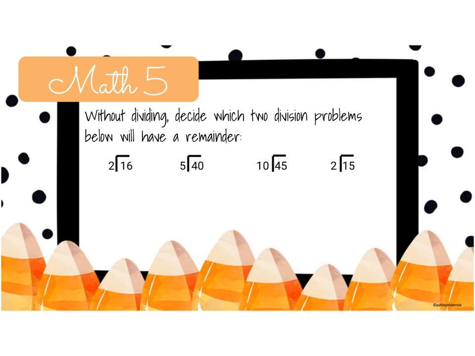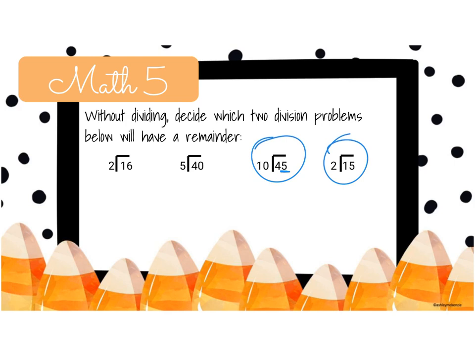Okay, which 2 do you think? 10 and 45 and 2 and 16. Okay, that's a possible. So we have 45 divided by 10. If I can divide something by 10, what did we say the number has to end in? A 0. Okay, is this last digit a 0? Nope. So we know for sure that it is not going to be divisible by 10.